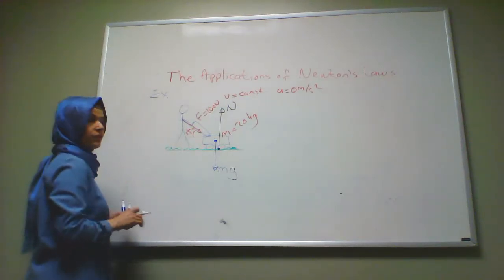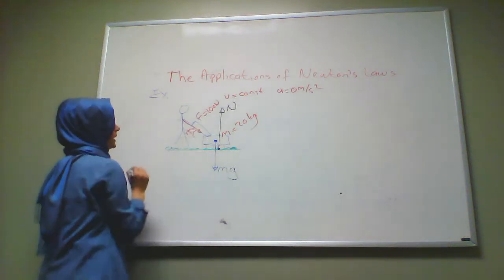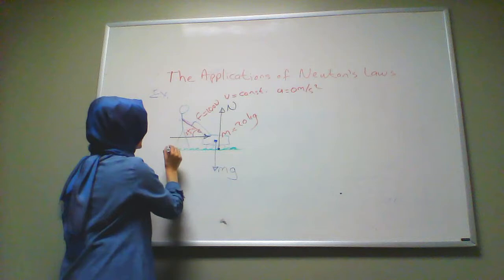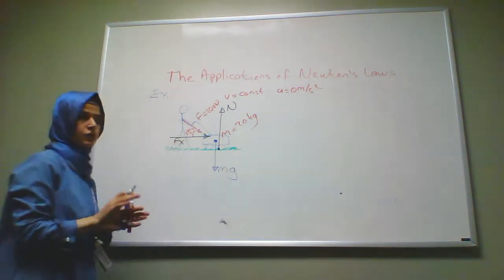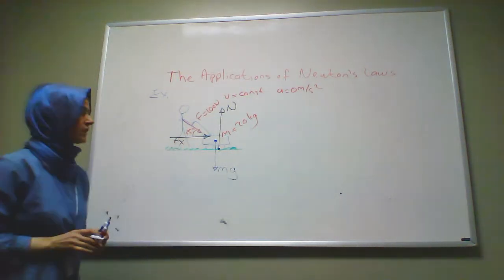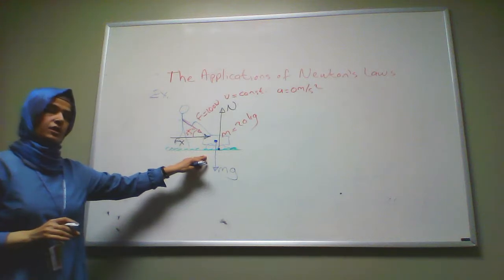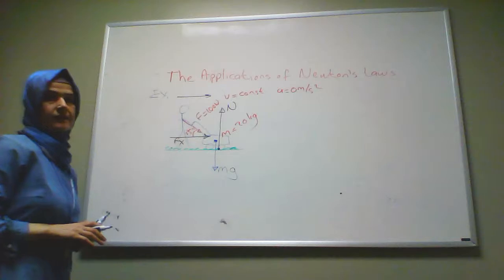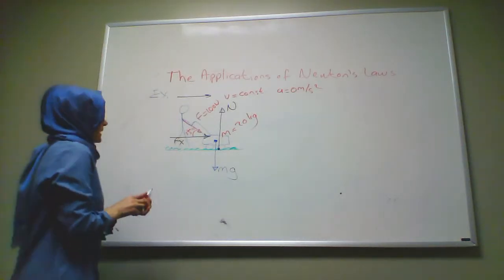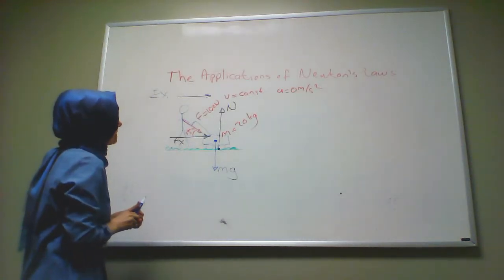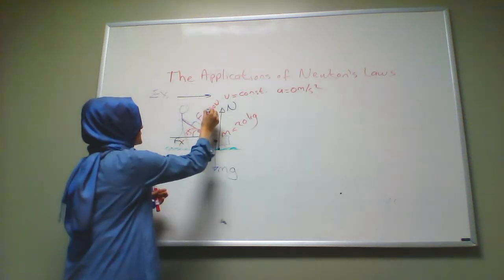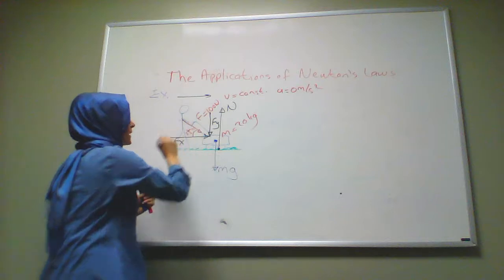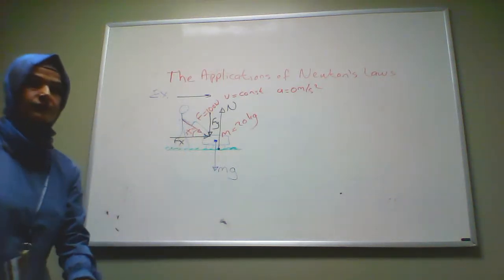I will have some other forces pushing down in here. If I look at F, it's pushing to the right. So it has an X component pushing to the right, and this force is actually giving the lawnmower a constant velocity to the right. And the Y component, let me draw that as well, Fy. Fy is also pushing down.